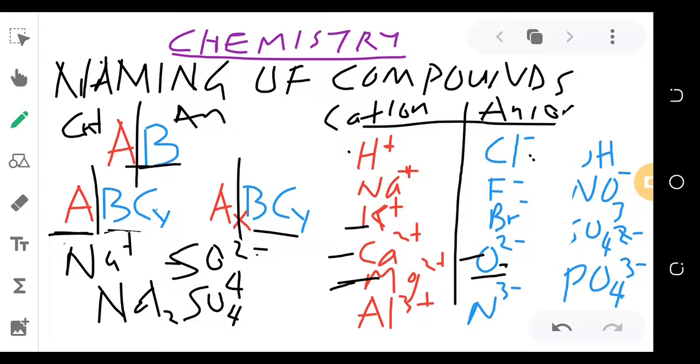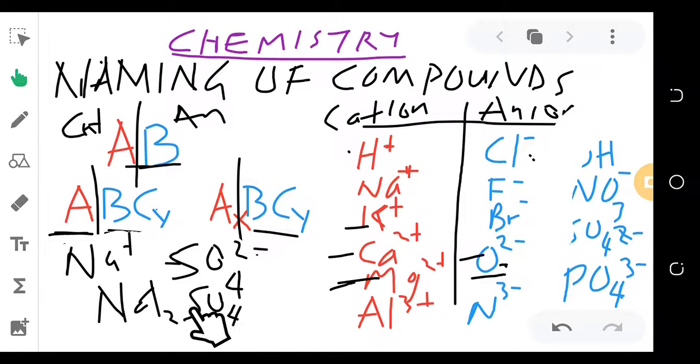So this compound is named as, now in this case, if you look at this compound, we are starting with sodium, not hydrogen. So it will be sodium tetra. Tetra means 4. So sodium tetraoxo sulfate 6.